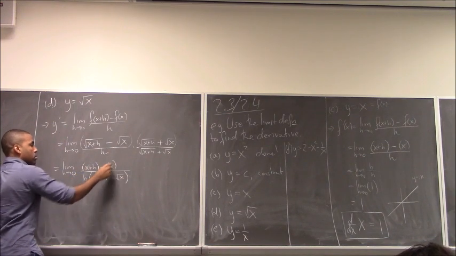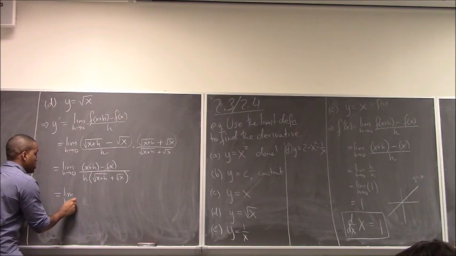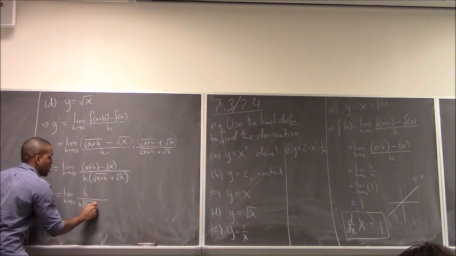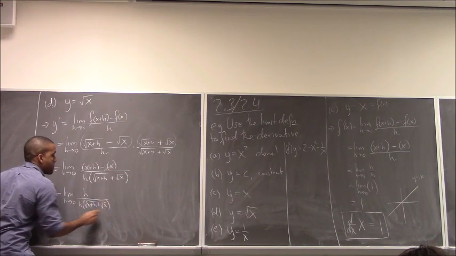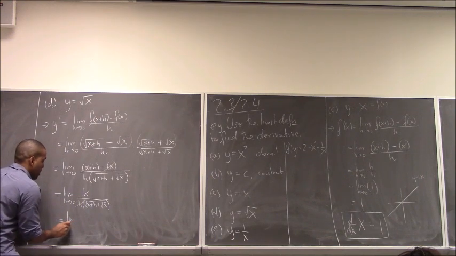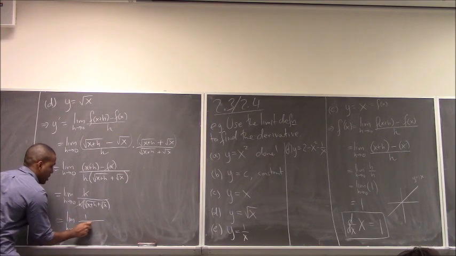The top, my x's kill each other. So I have the limit as h approaches 0 of h over h times this guy. Now my h's cancel. So I have the limit as h approaches 0 of this guy.